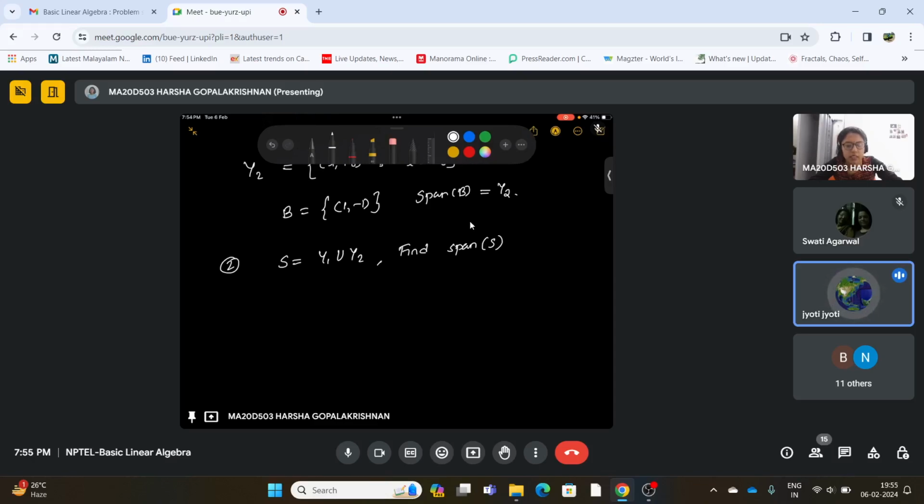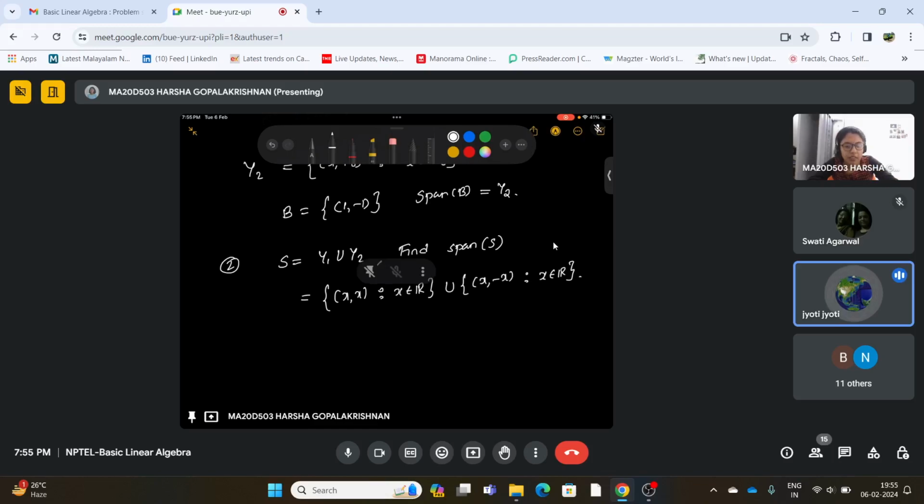Elements of y1 are like (x, x), and elements of y2 are like (x, -x). If we take linear combinations of these two, then we can construct span S.